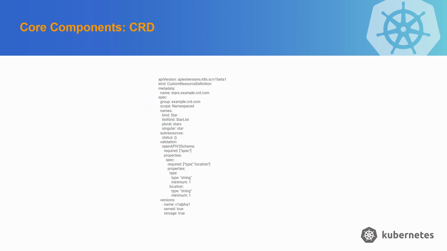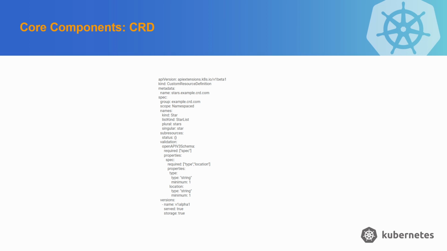But let's start with the custom resource definition. It's kind of small, but it's just a simple example of how a custom resource definition looks. As we can see, the group will be example crd.com, the scope will be namespaced, so you can create stars which are namespaced.